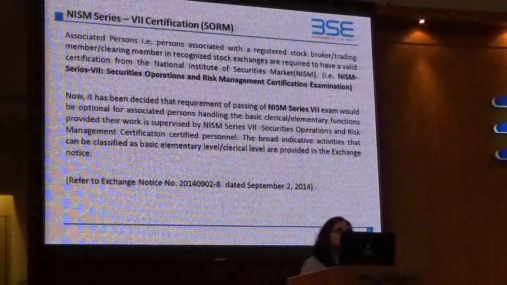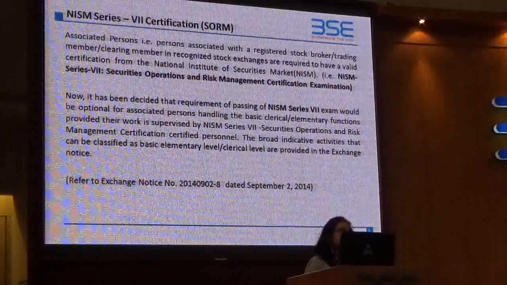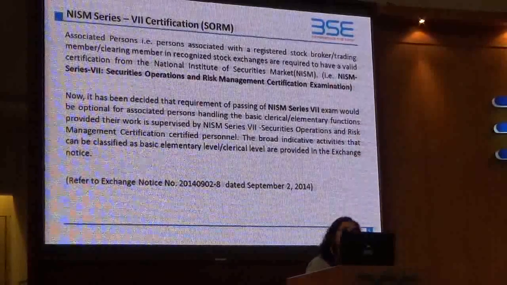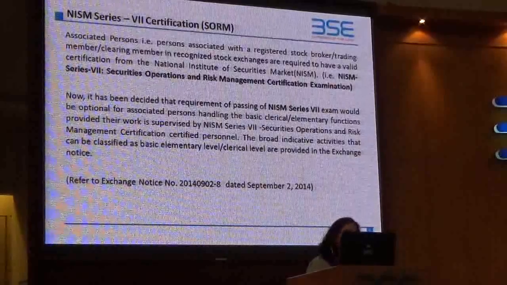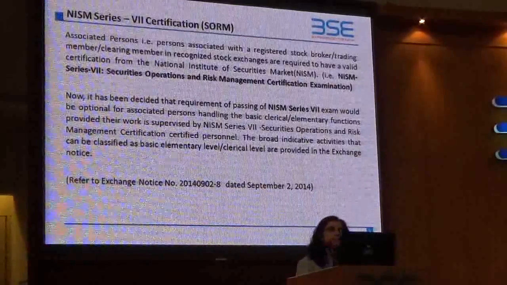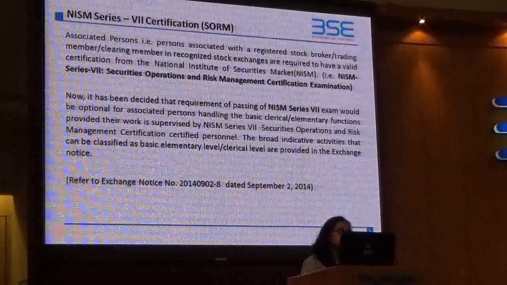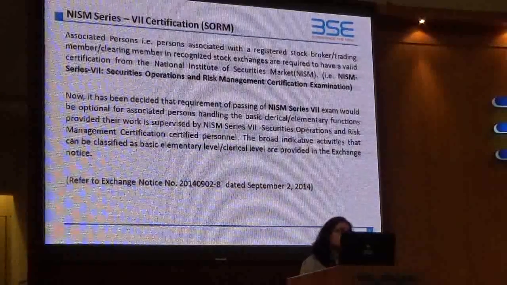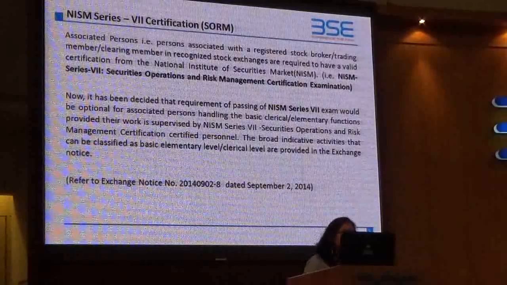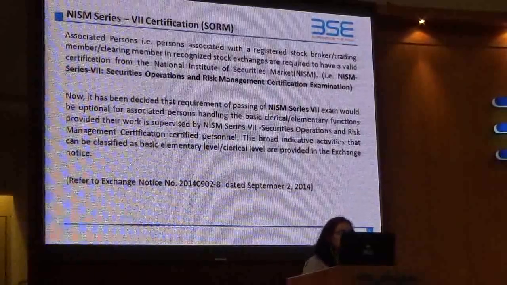Similarly for Series 7A, earlier the scope covered almost all your personnel dealing with operations, investor complaints, sales, and dealing with the assets of the investors. All these 4 categories were supposed to have Series 7 certification.